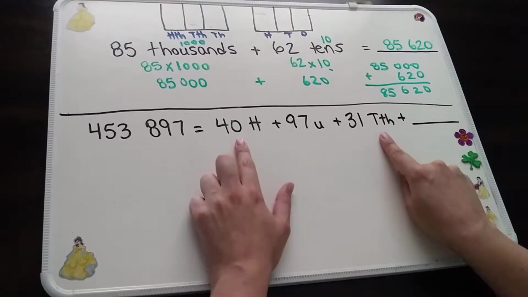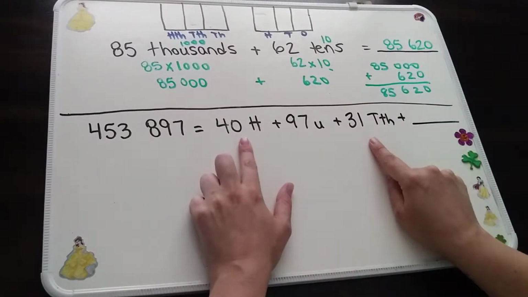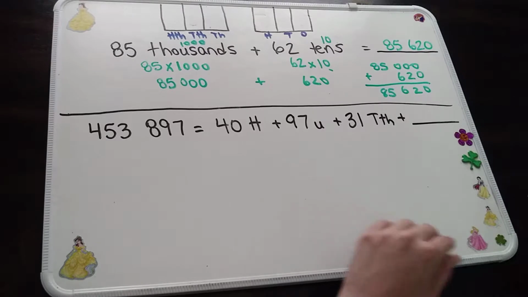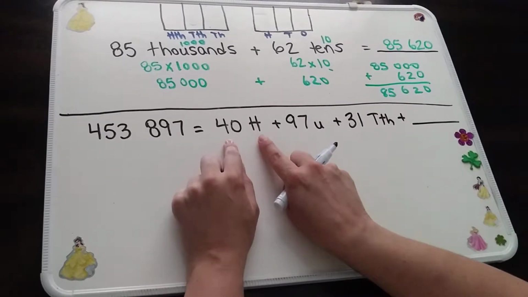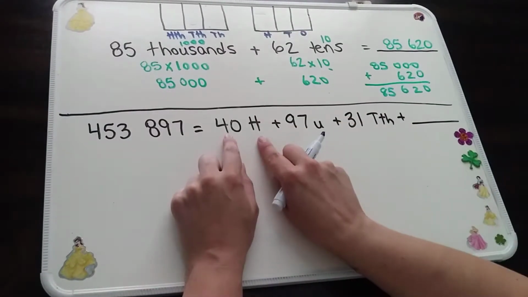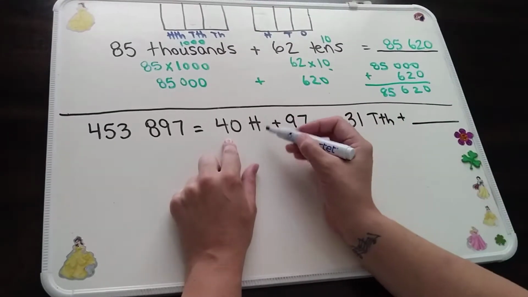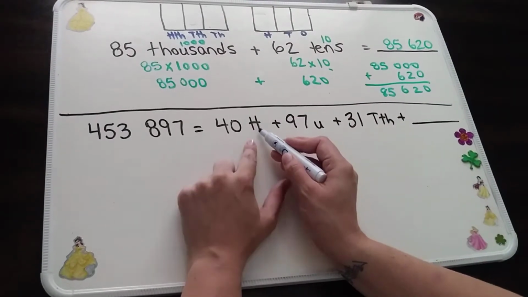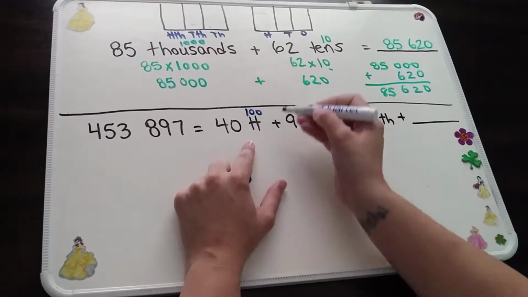Now, using the same strategy that we talked about in the other example, we're going to use it with this. Okay, so we're going to say to ourselves, 40 hundredths. So again, you could use a place value chart like you see up here, or you can use this strategy. I'm just going to choose to use this one. So my 100, what does 100 look like? 100 looks like this.